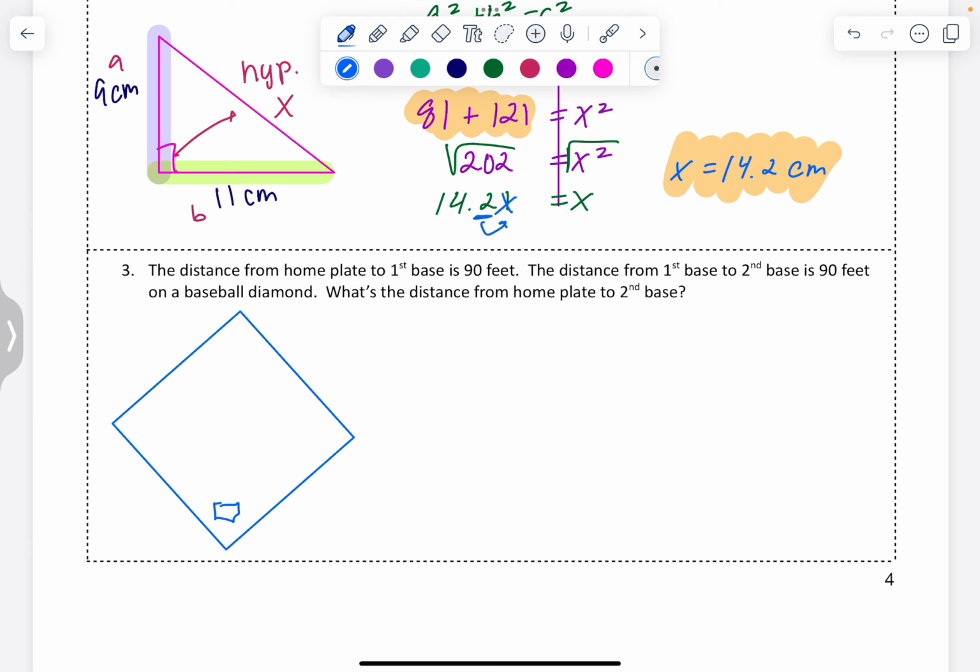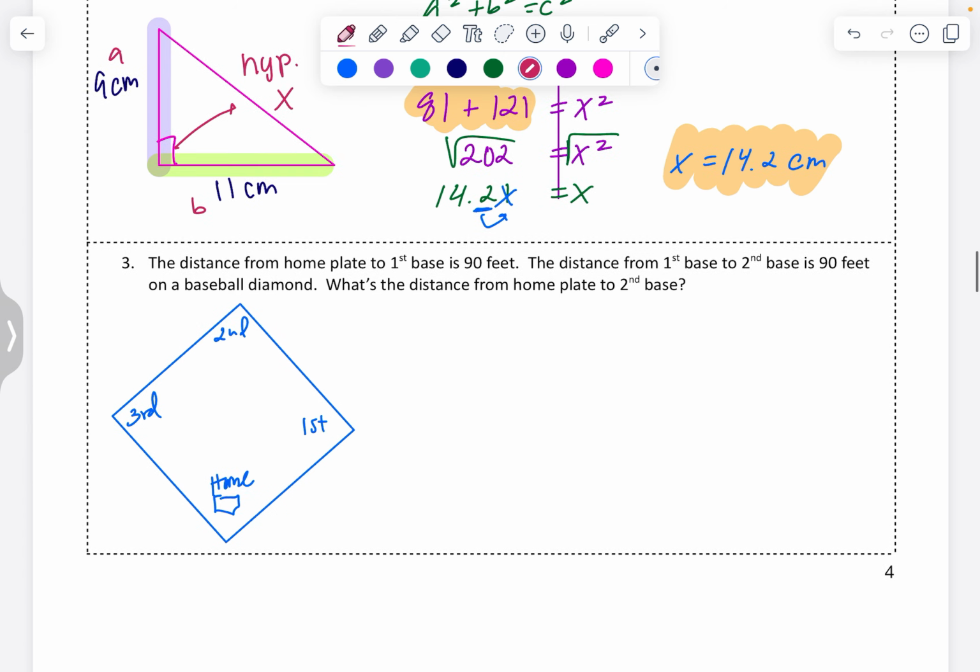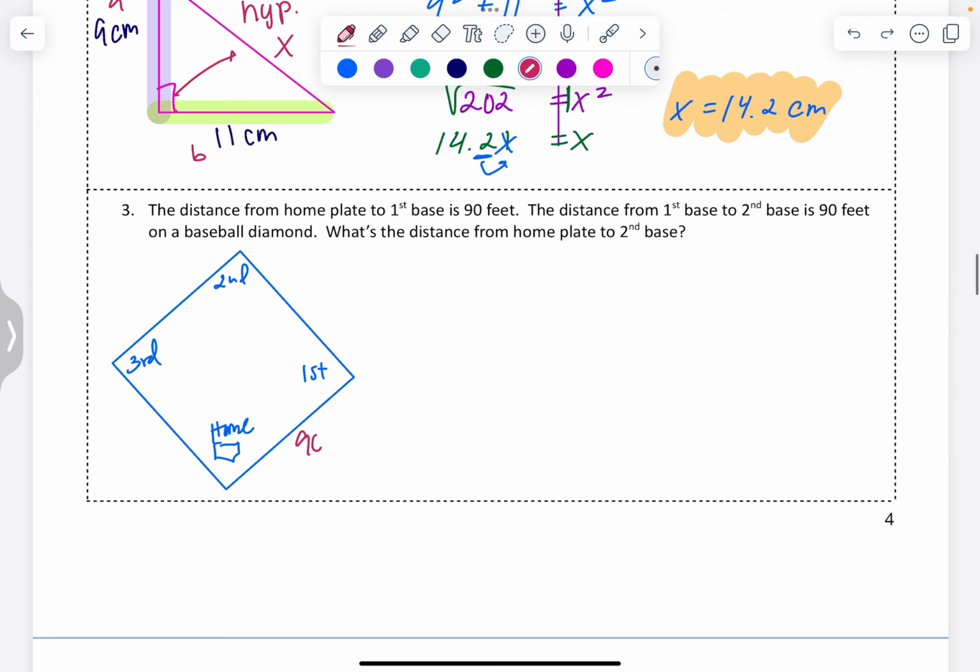Let's say that this is first, here is second, and here's third. The distance from home plate, so here's home, to first base is 90 feet. So here's the 90 feet.